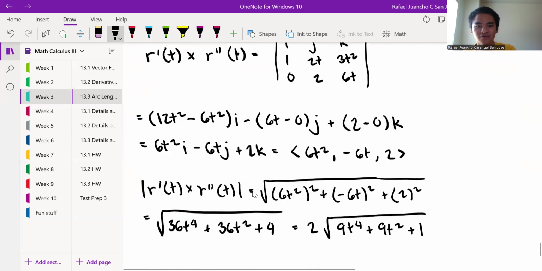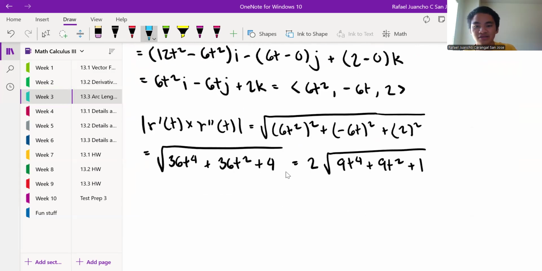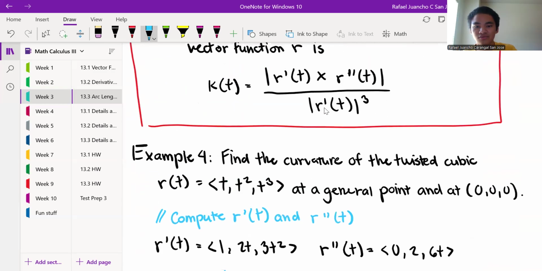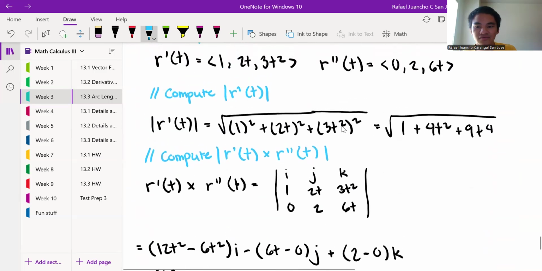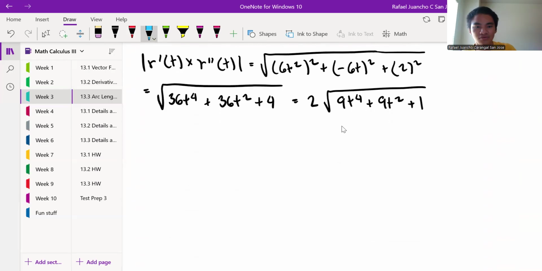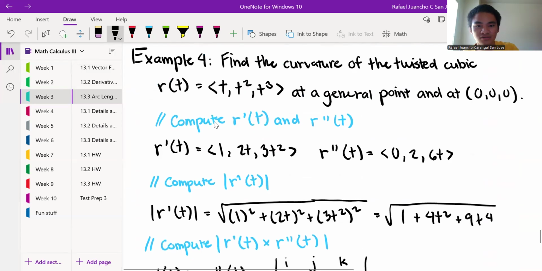We're being asked to find the curvature. I have everything I need. So I just go find the curvature. So here, now we can find the curvature of this particular curve described by this vector.